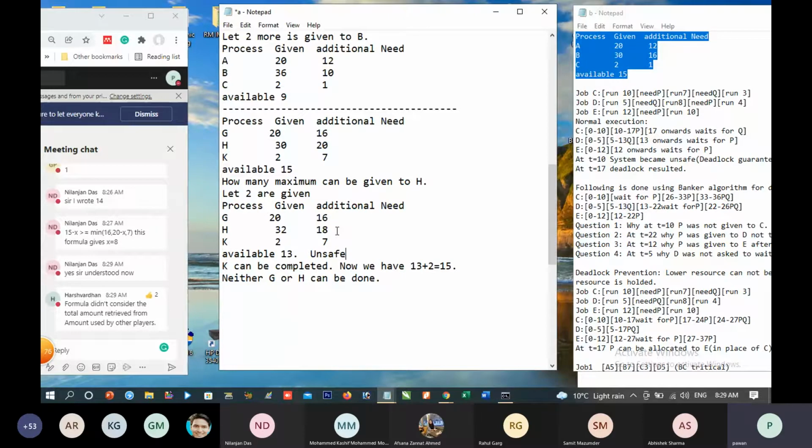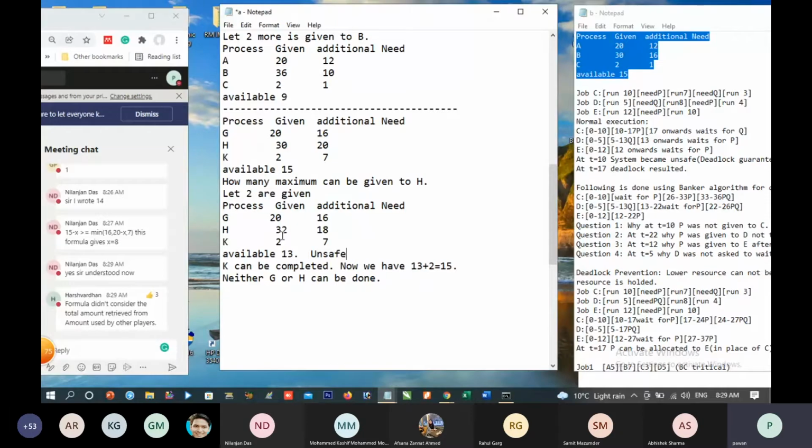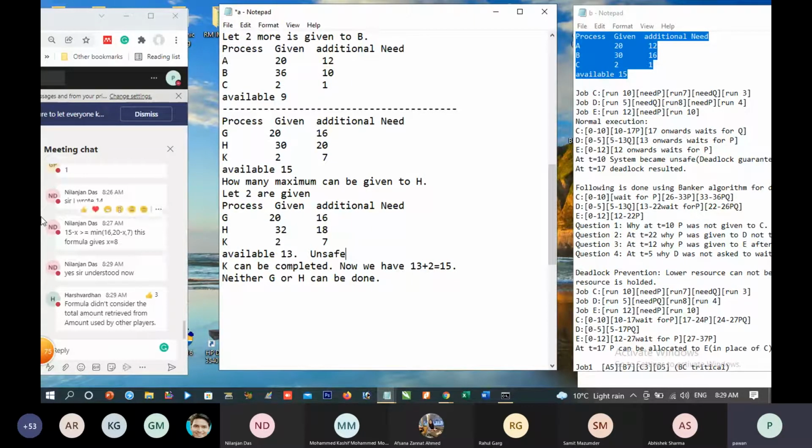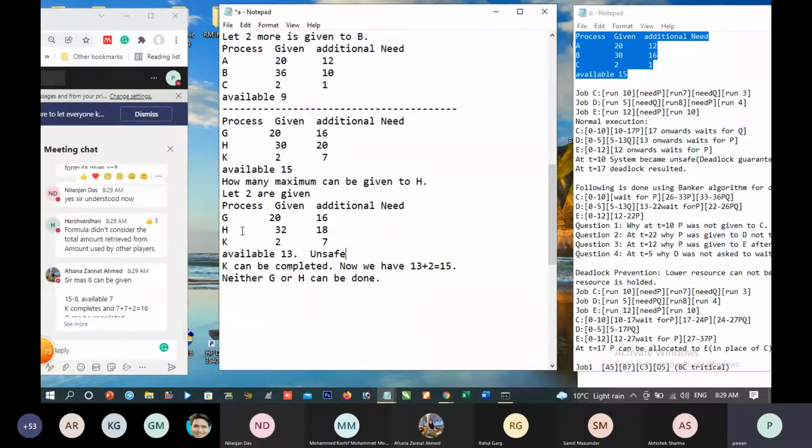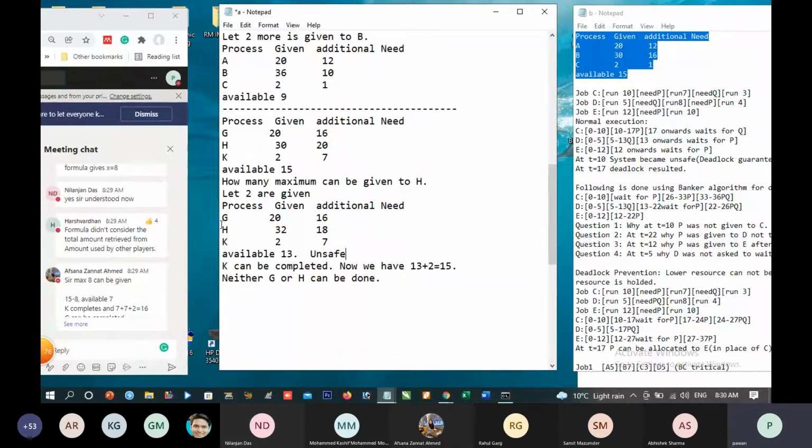But with those 15, among G and H, nothing can be done. That is correct, Harshvardhan. That is what I was saying. The formula doesn't consider that K has already been given 2. And Nilanjan, maybe you can send the correct formula in these circumstances to me on the mail. Is it correct? Yes.